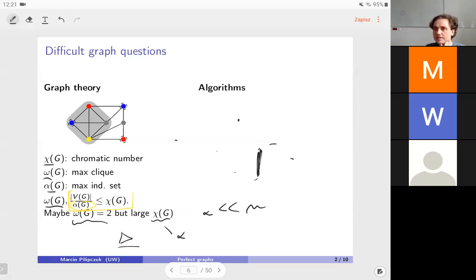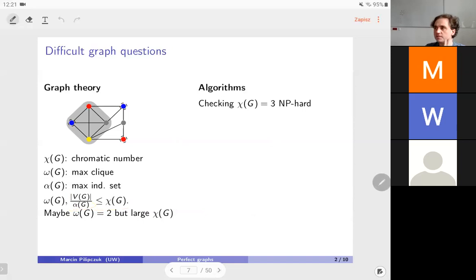So in a sense, these parameters in general graphs are only weakly related to each other. And the fact that they're hard to understand and describe is also represented on the algorithmic side. If you attended the advanced algorithms course, or even something basic, you know that checking if a graph is 3-colorable is an NP-hard problem, one of the very first NP-hard problems.